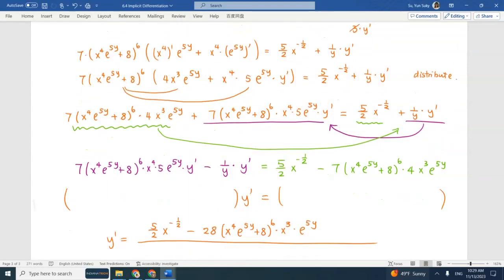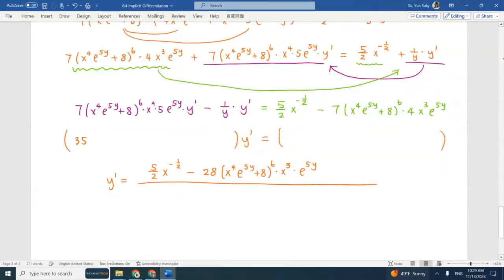Okay, I think I cannot be lazy. Let me actually write this down. Okay. We factor out the y prime. Yes. We factor out the y prime on the left hand side, and the right hand side is the same.